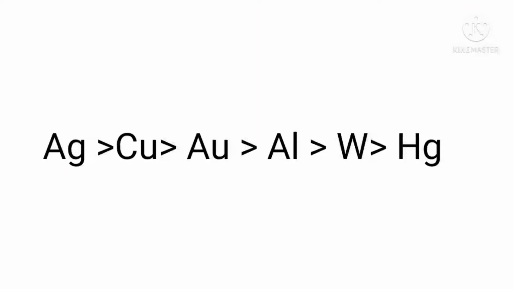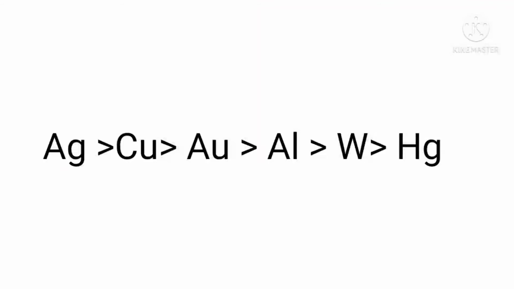The order of electrical conductivity of different metals is given here. Silver is greater than copper, which is greater than gold, which is greater than aluminium, which is greater than tungsten, which is greater than mercury.